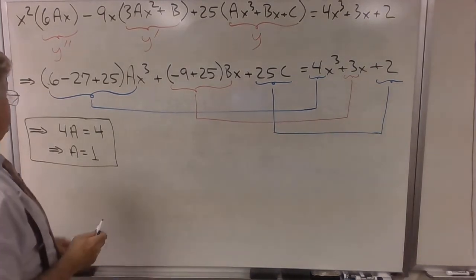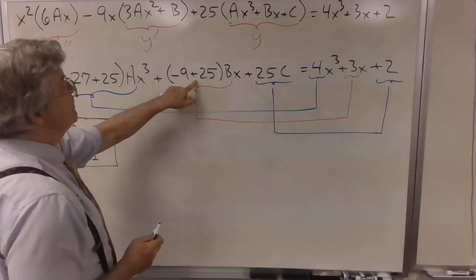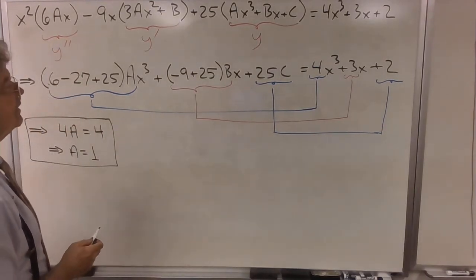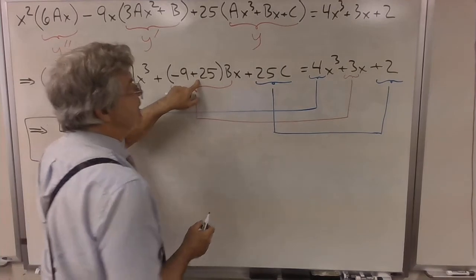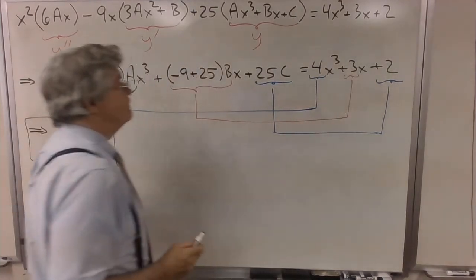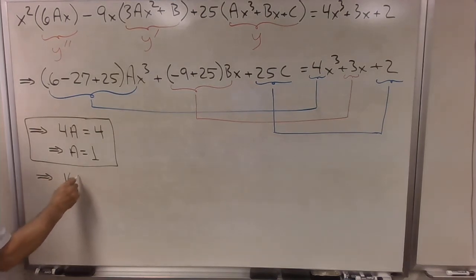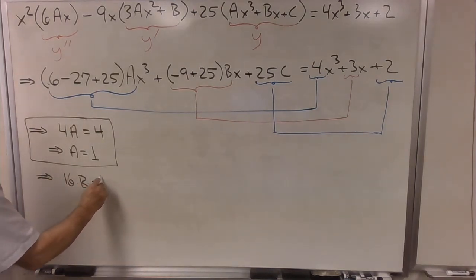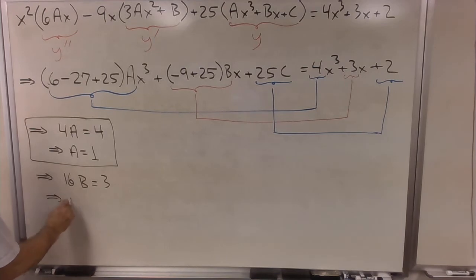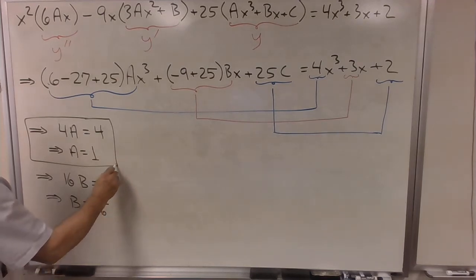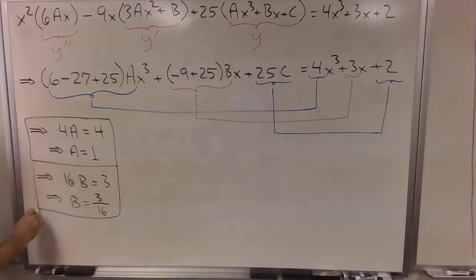Let's see. Negative 9 plus 25 is 16b, and 16b equals 3. And so b equals 3/16. I hope.